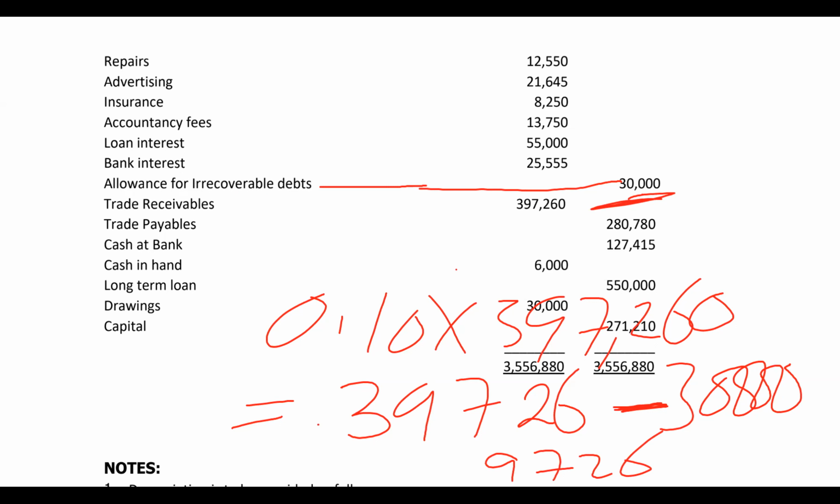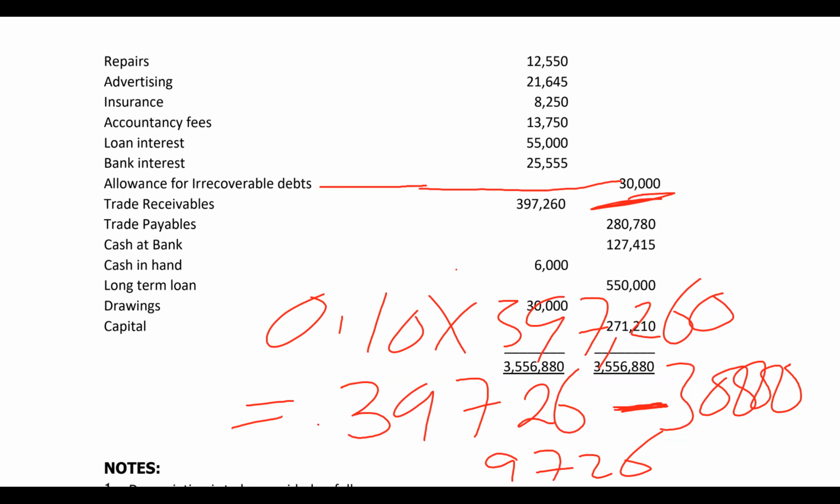When you check this, this is called an increase in allowance for irrecoverable debt. Why is it called an increase? It's because it's positive. You understand?